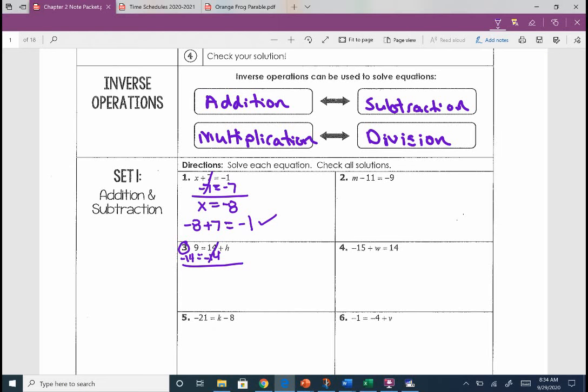Now h is by itself. Again, if you need the calculator, guys, use it. 9 minus 14. We should get negative 5. How do I know I'm right? I put negative 5 in for h.